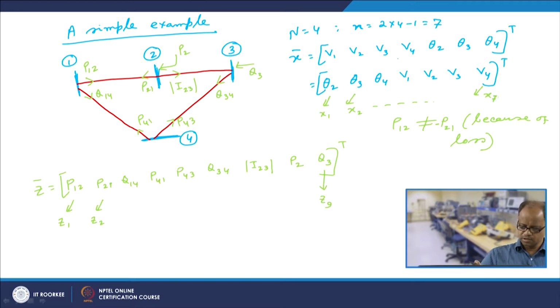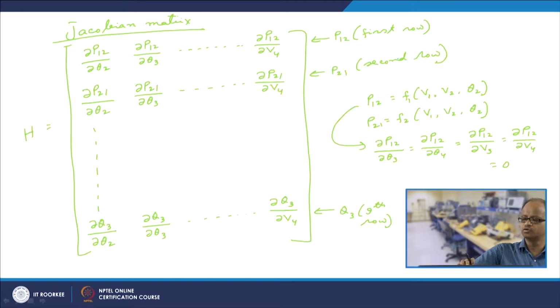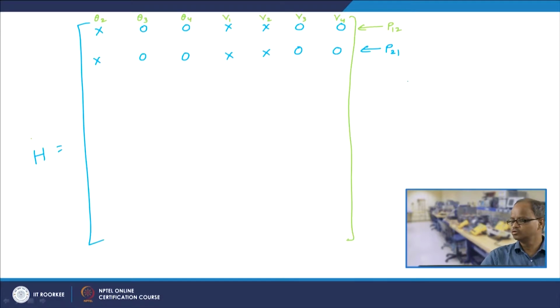Next is Q14. Now, we know that Q14 is a function of only V1, theta 1 is 0, so it is only V1, V4, theta 4.